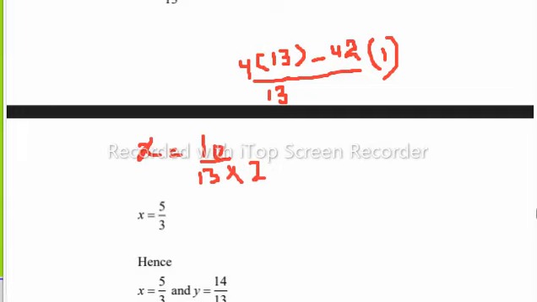So 2 ones are 2, 2 fives are 10, so we get 5 upon 13 here. So x will be equal to 5 upon 13.